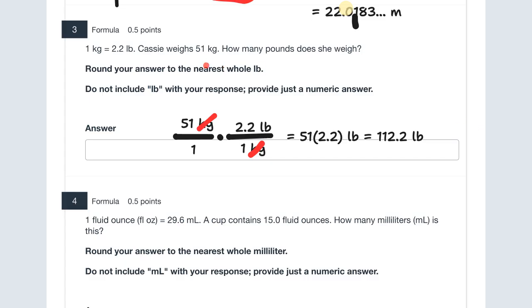Follow the directions. We're going to round to the whole pound. This first 2 is in the whole number spot. This 2 that follows tells us to round down. So this is going to equal 112 pounds.